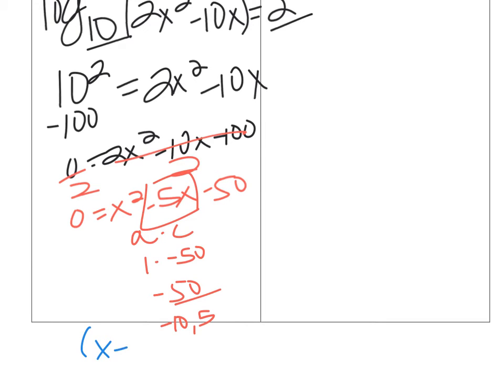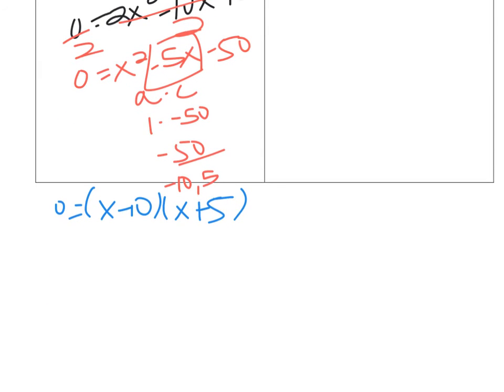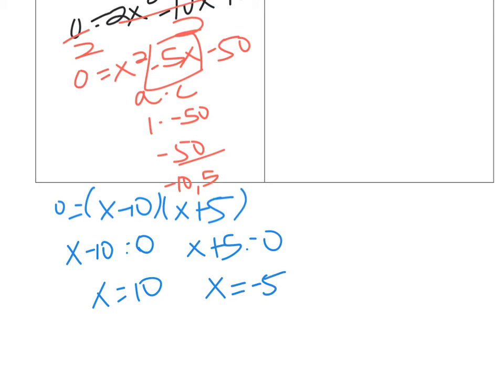So, x minus 10 and x plus 5, and that all equals 0. When I set each of these equal to 0, x minus 10 equals 0, x plus 5 equals 0, I get x equals 10 and x equals negative 5.